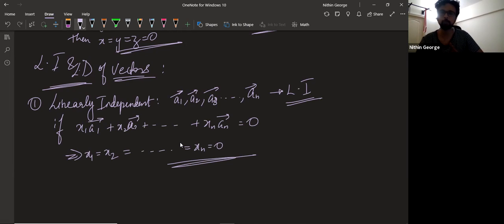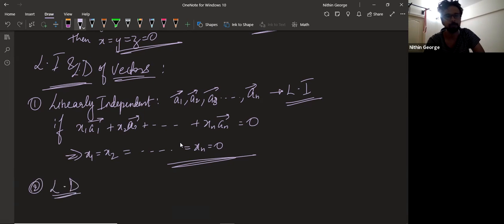So it just means that you can't write one as a linear combination of the others. It means that all the coefficients necessarily have to be equal to 0. So then you say that they are linearly independent.